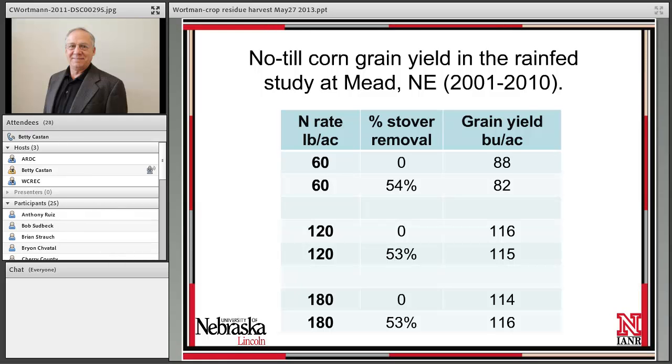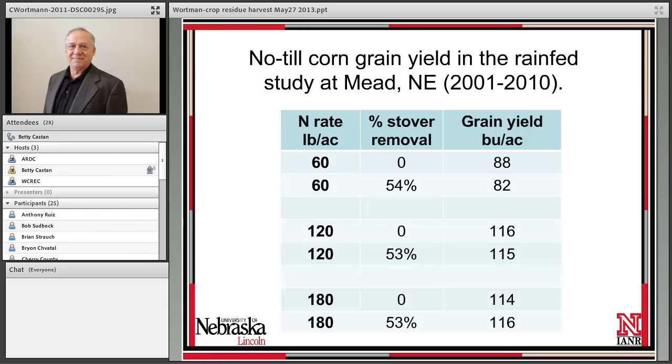No gain beyond that. With stover removal, we see at the low rate of nitrogen, that removal did hurt yield. So it's probably a nitrogen deficiency. That is, you're taking away nitrogen for 10 years continuous, and you're not putting much nitrogen on, and some yield loss.